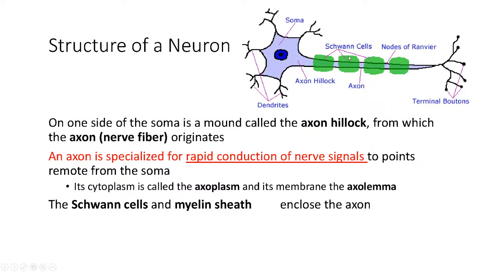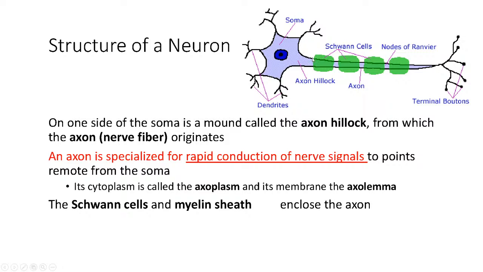And what's really interesting about it is that it leaves these gaps. These gaps are called nodes of Ranvier, French name Ranvier. And so basically, the nodes of Ranvier are actually what allow the signal to be propagated more quickly. By depolarizing this region near the axon hillock, we initiate the action potential.